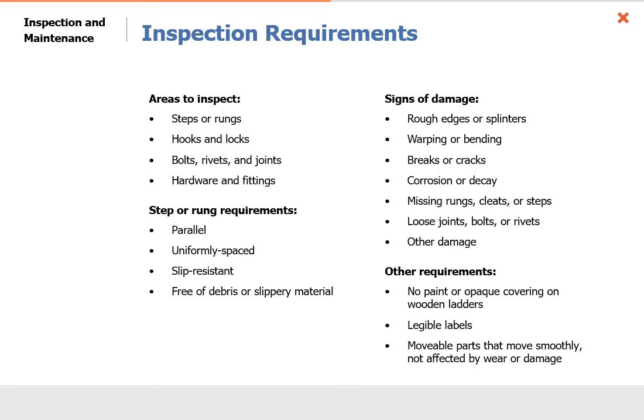Some of the signs of damage would be rough edges or splinters, warping or bending, breaks or cracks, corrosion or decay, missing rungs, cleats, or steps, loose joints, bolts, or rivets, and any other reportable damage. Other requirements: no paint or opaque coverings on the wooden ladders, and movable parts that move smoothly, not affected by wear and damage, are all things that can go into an inspection.